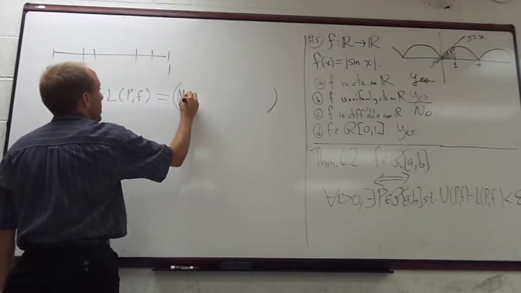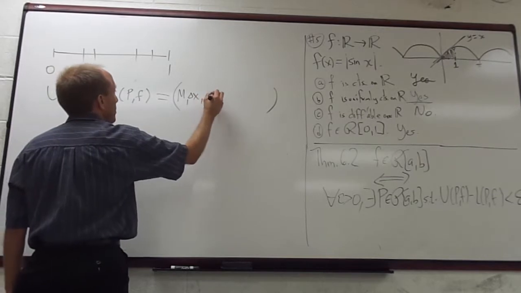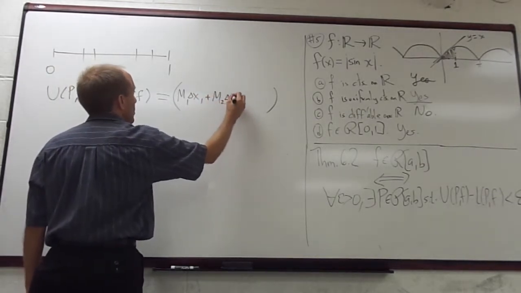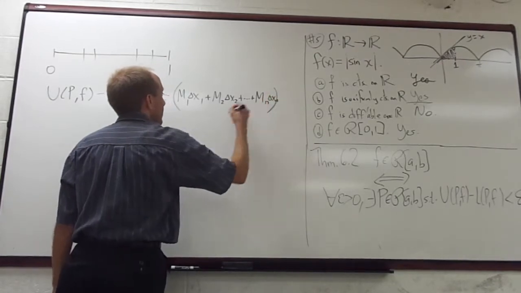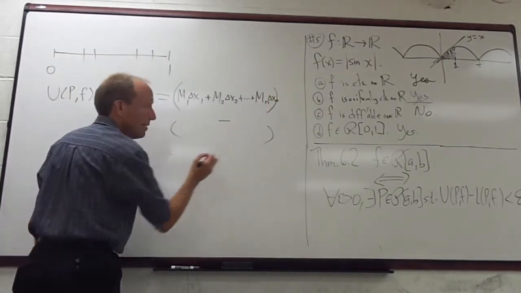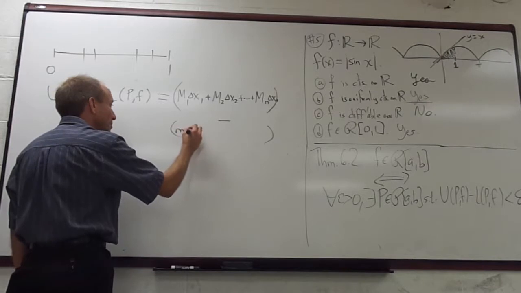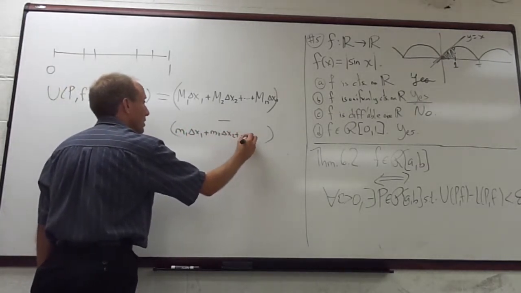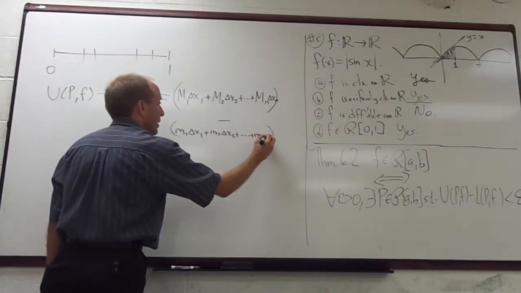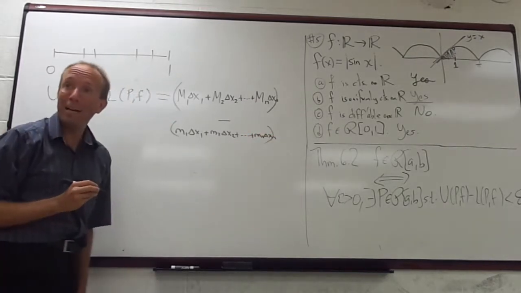There's the M1 delta x1 plus M2 delta x2, and these are big M's, up to Mn delta xn, and then minus little m1 times delta x1 plus little m2 times delta x2 plus dot dot dot plus little mn times delta xn, right?